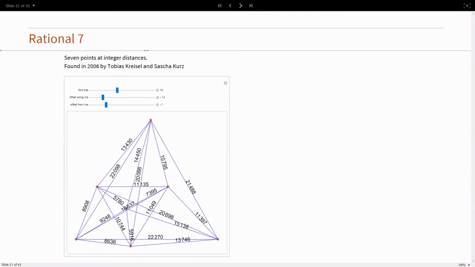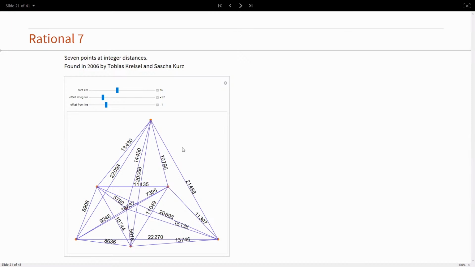We can also ask, how can we put a set of points so that they are all an integer distance apart? So here's a solution found in 2006 with 7 points, and you should make a restriction that no 3 points are on a line. Otherwise, it's easy. You just put your points on a line and they're integer distances apart. And also no 4 points on a circle.